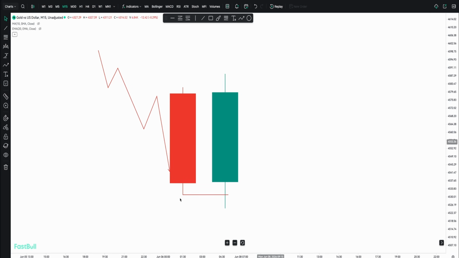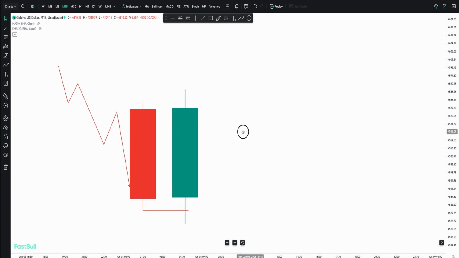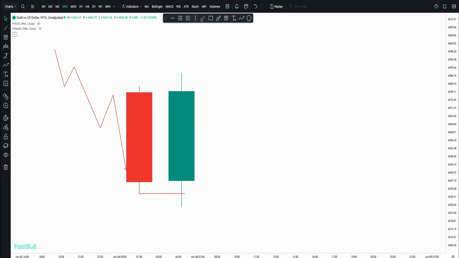So once you see this happening, and to scalp on the 1-minute chart or 2-minute chart, you need to see this happening on the 15 minutes chart or time frame. So once this happens, then I want you to mark that previous candle's close like this, the bullish candle's close, and then you mark the bullish candle's low like this.